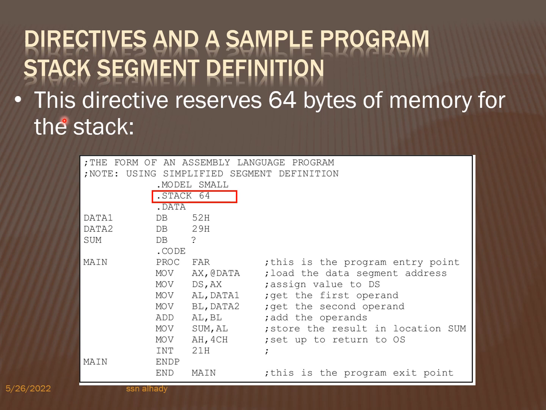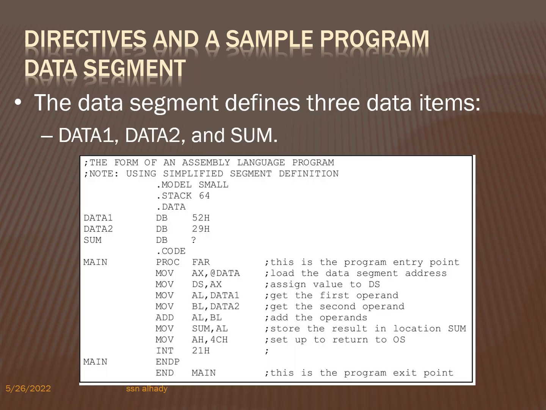Then you can have a directive which reserves 64 bytes of memory for the stack. This is how you define a stack with the number 64. Then you start a data segment and then a code segment. The data segment defines three data items: data 1, data 2, and sum.